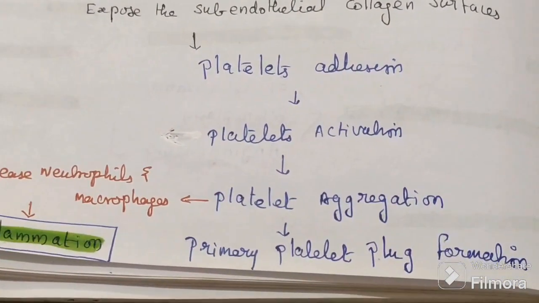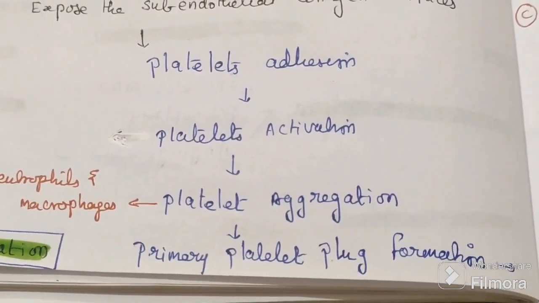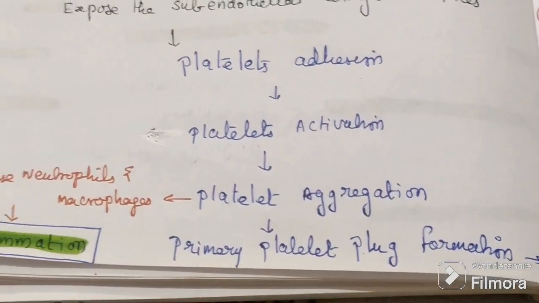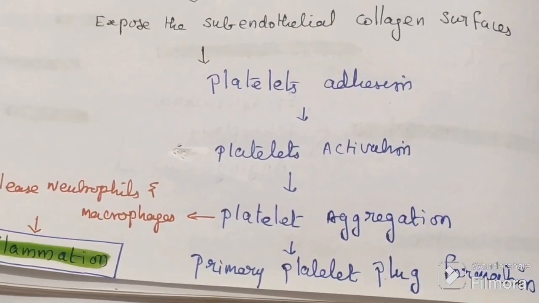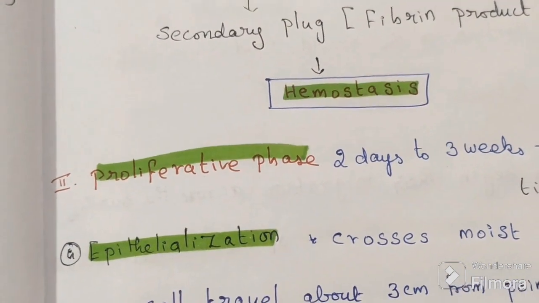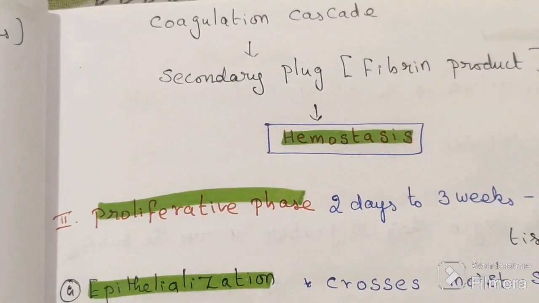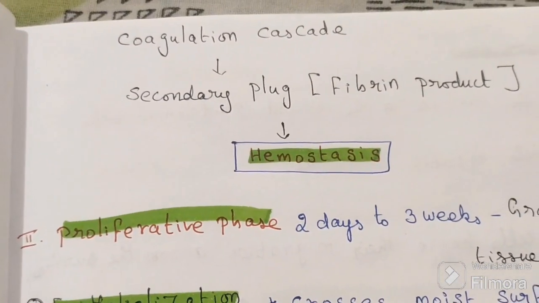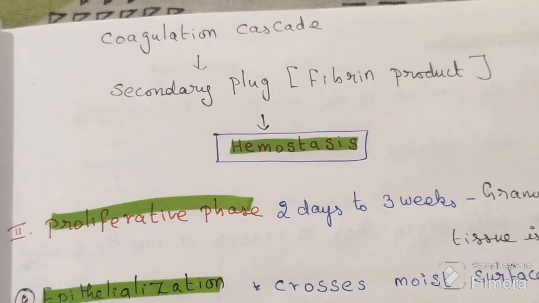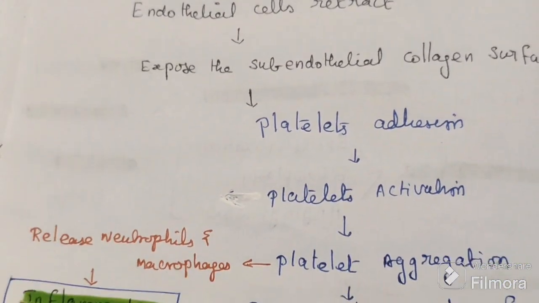On the one hand there is hemostasis, that is clot formation, and on the other hand there is inflammation. These are the two things which take place in the first phase, the inflammatory phase: hemostasis and inflammation.